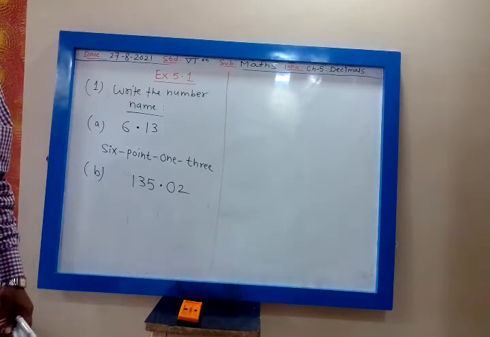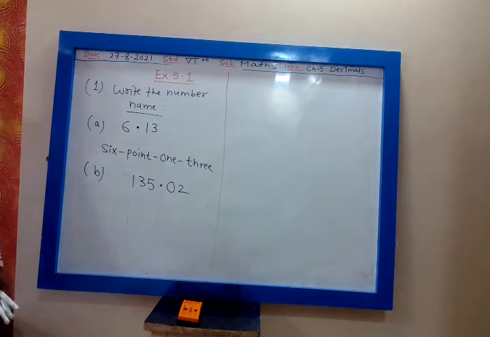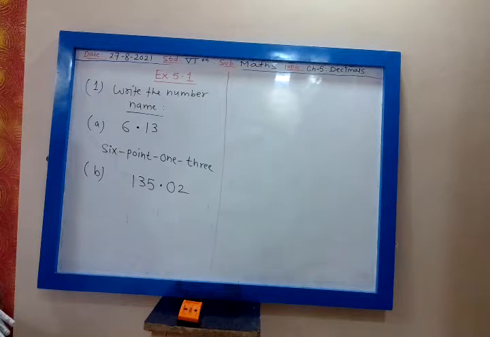Okay. See, after decimal we read them as single digit. After decimal you always read them as single digit.